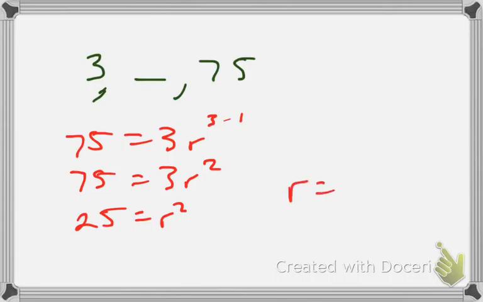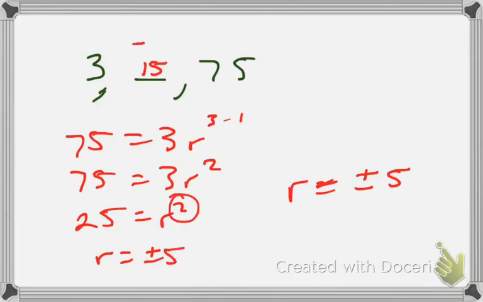So the common ratio is plus or minus 5. So you can multiply by 5 or you can multiply by negative 5. And you have to show both. So if you just wrote 15 as the blank, you are partially right, but not completely right, because you have to show both 15 and negative 15 are potential answers in the blank.